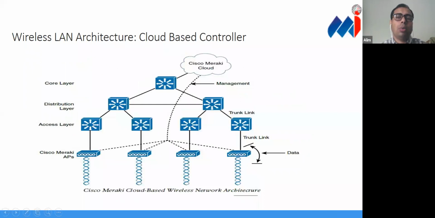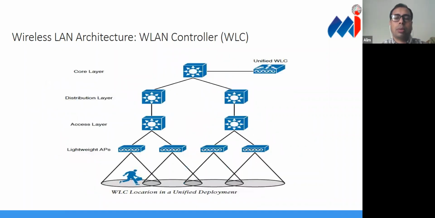Then we discussed controller-based Wi-Fi networks, where normally you will install a WLAN controller or WLC in a central location, which will control all the lightweight access points that are installed across different areas of your office or your campus.